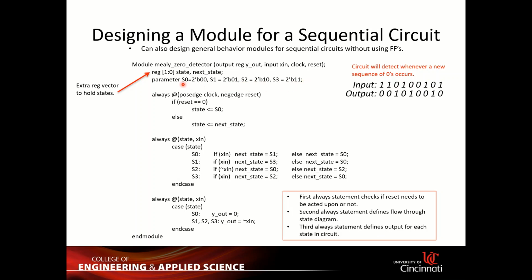I can use S0 to assign for 2-bit binary 00, S1 is 01, S2 is 10, and S3 to be 11. This will be more convenient later since you can easily keep track of the name of the state. Of course, you can use other words too. You don't have to use S0, S1. It's up to your imagination.